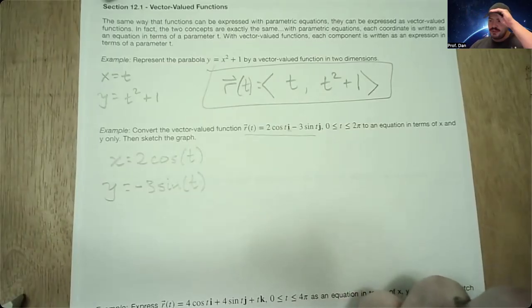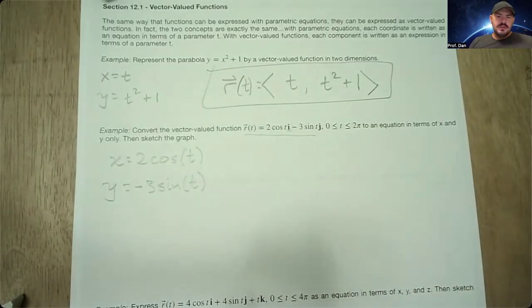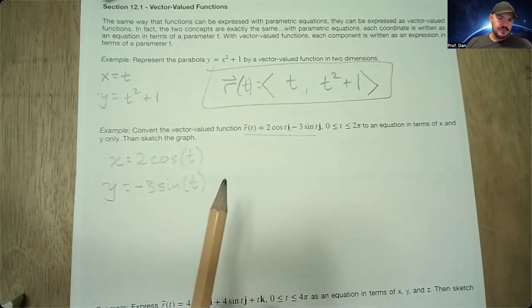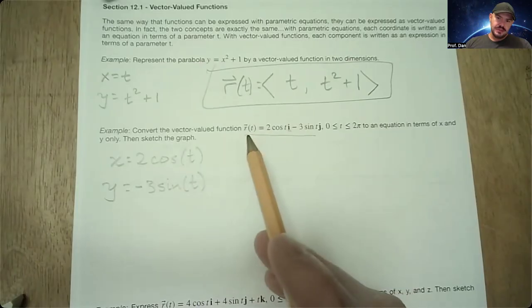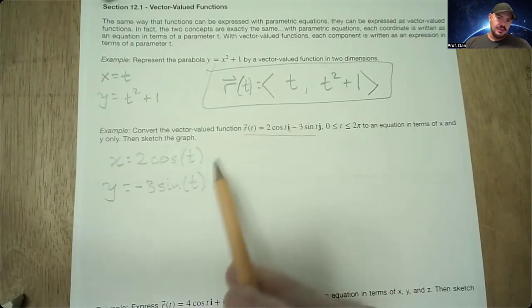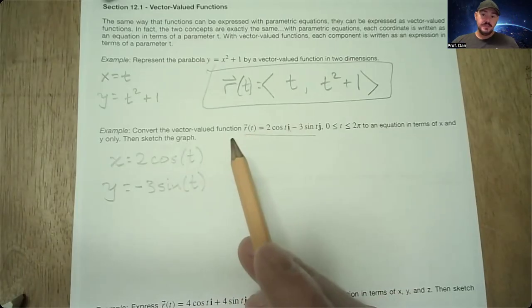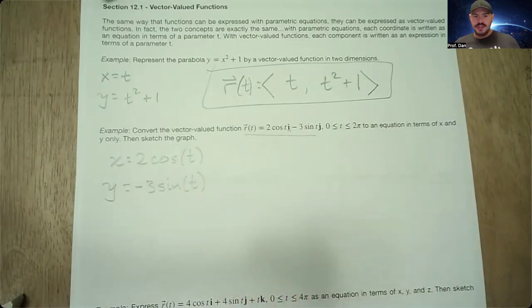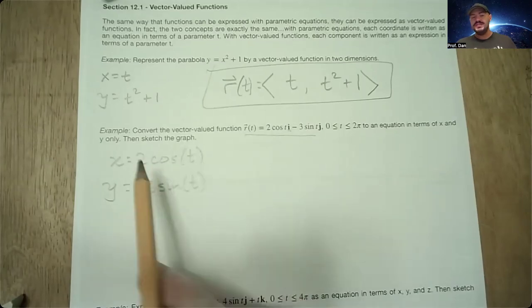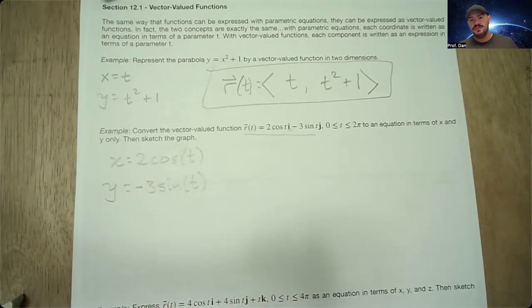Okay. So keeping this in mind, here's the idea. We're typically going to try to solve for t, right? And then use the fact that both of these things are equal to t to set them equal to each other, thus getting us an equation, right?